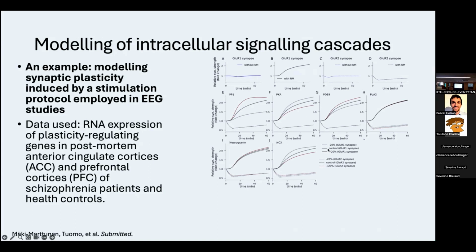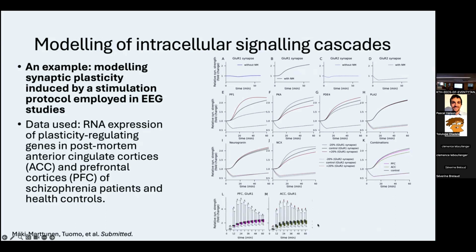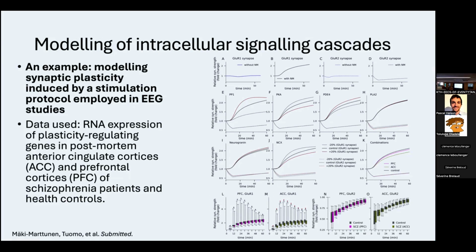And we do the same as I showed before. Here the combination of this, based on the RNA expression data, is a bit stronger than before, but still the same trend: in PFC the change is small, but in ACC it's a larger one. And also the statistical difference was stronger in ACC. And if it's GluR2 dominated and LTD, then we see little or actually no statistical significance at all.